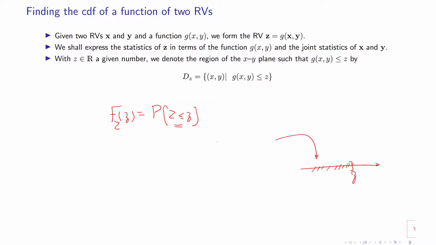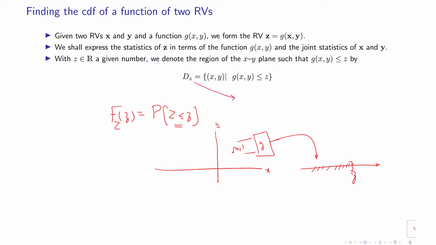Remember that we have an x, y plane, and in this plane a point x, y is mapped through this function g, which has two inputs, to somewhere here. So we want to know what are the set of points on the xy plane.